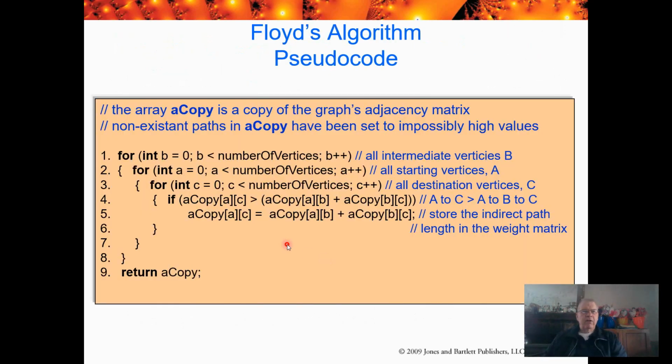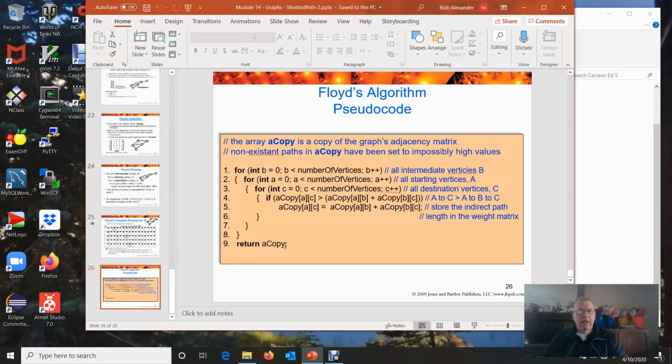But here's the pseudocode. It's fairly straightforward. 3 nested for loops and some if statements. And that gives you a quick overview of Floyd's, but we will be focusing on Dijkstra's.